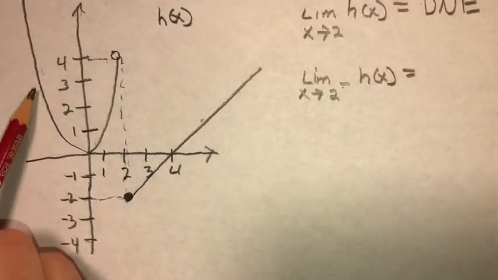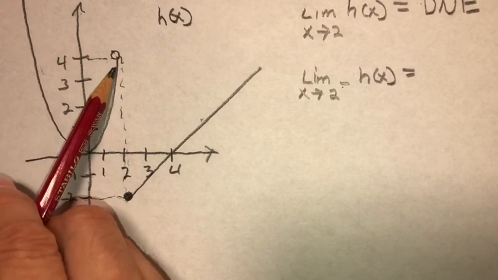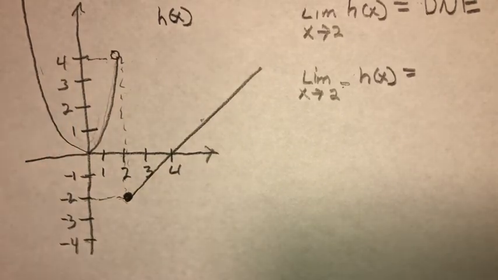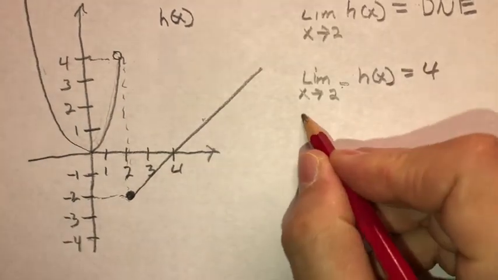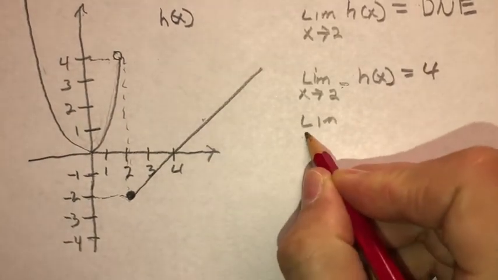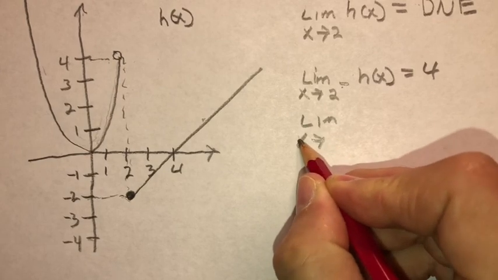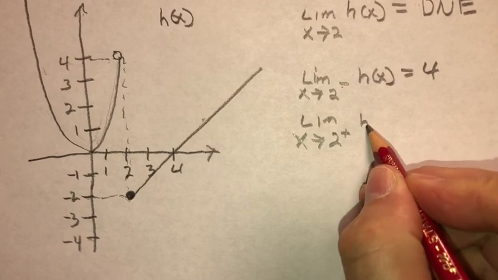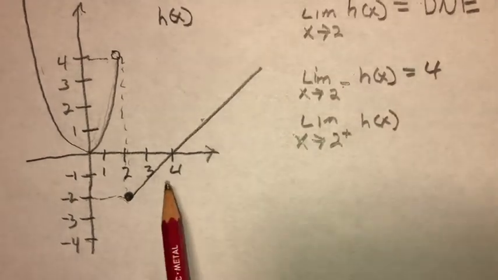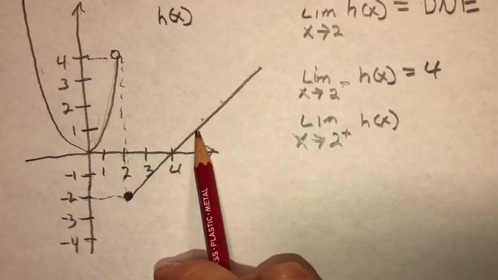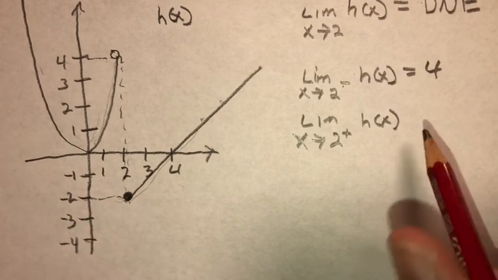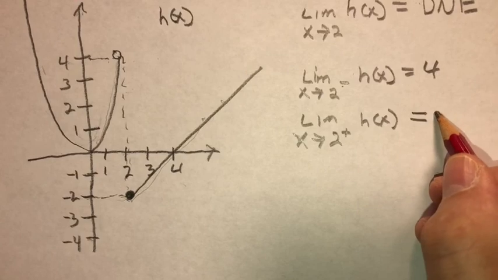If I'm on the left-hand side and I'm surfing towards x equals 2, I get 4. Now the limit as x approaches 2 from the right of h of x. If I get on the right-hand piece and surf towards x equals 2, what y value am I approaching? -2. So this right-handed limit is -2.